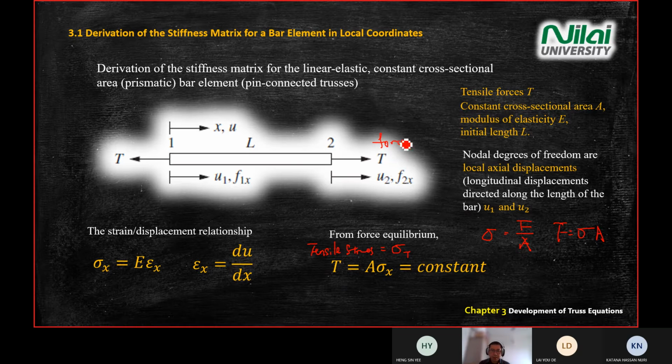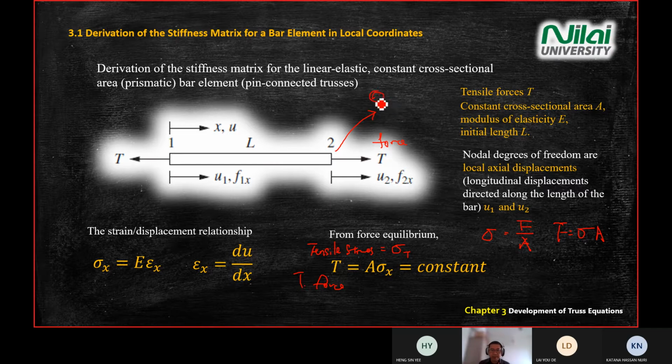Tensile loading. Force T, because it's stretched at both ends. So T is a force. Tensile force equals stress times area. Area is the cross-section area of this bar, and the cross-section can be many shapes.